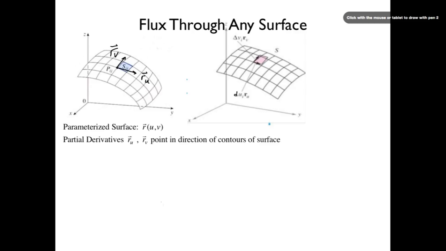And same with the other one. If I multiply the partial of r with respect to v times dv, then it scales the size. Now those two vectors are actually forming the parallelogram that I want. That's trying to be like the warped elements that's actually on the surface.